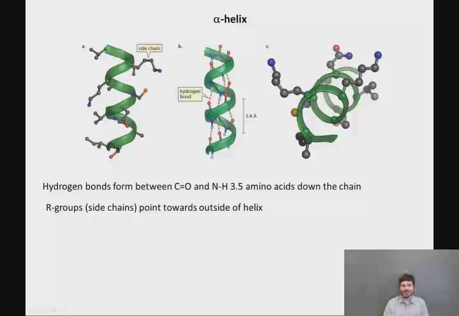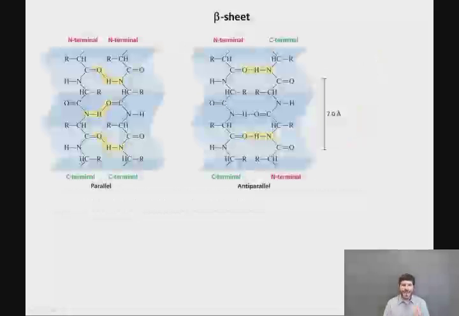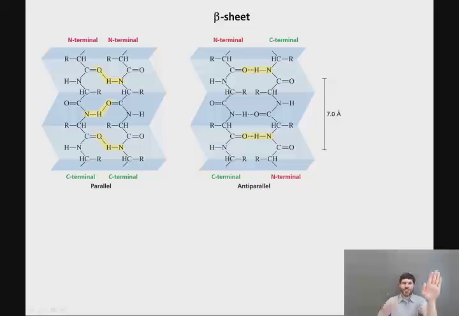The beta sheet, on the other hand, is when you get two chains that are essentially linear for at least some distance, and they line up next to each other, such that the carbonyl group of one portion of the chain and the NH of another portion of the chain are close enough to each other that they can interact.